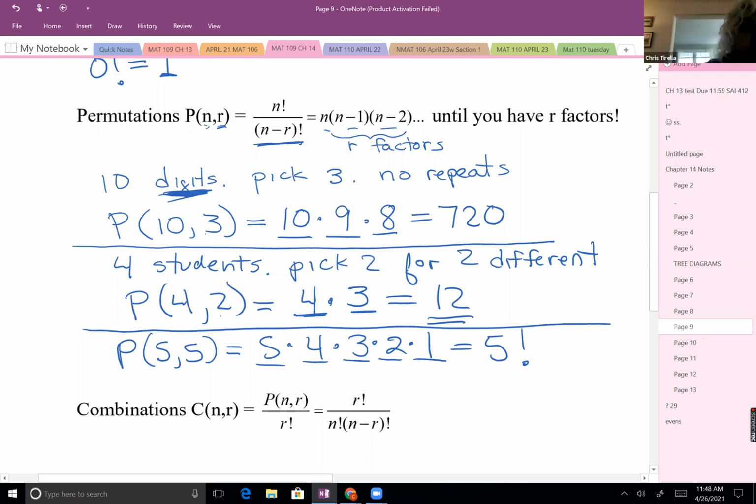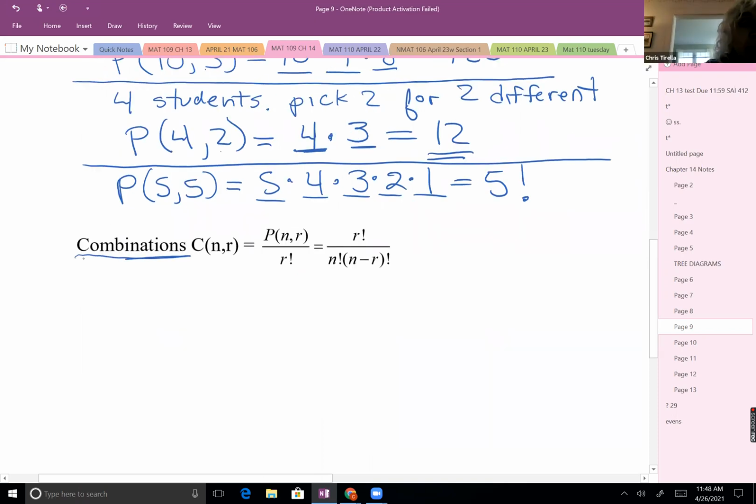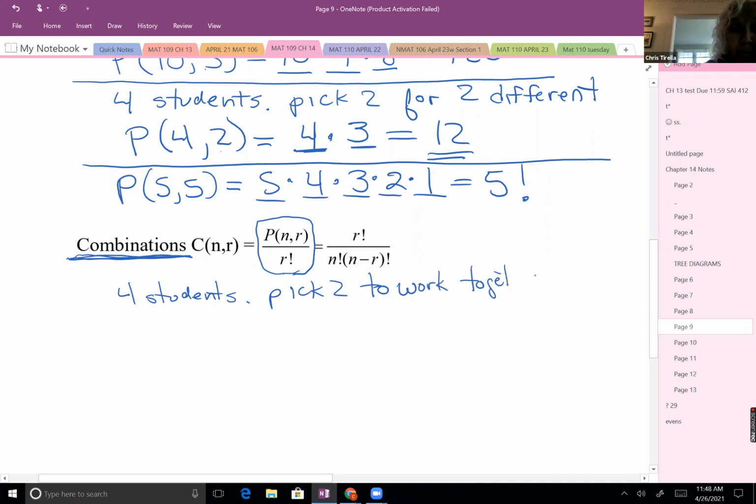Now, we had said combinations is a smaller amount. And the way combinations becomes a smaller amount is we take our permutation and divide by that second number factorial. So where we had 4 students, we wanted to pick 2 to work together. Here, order does not matter.